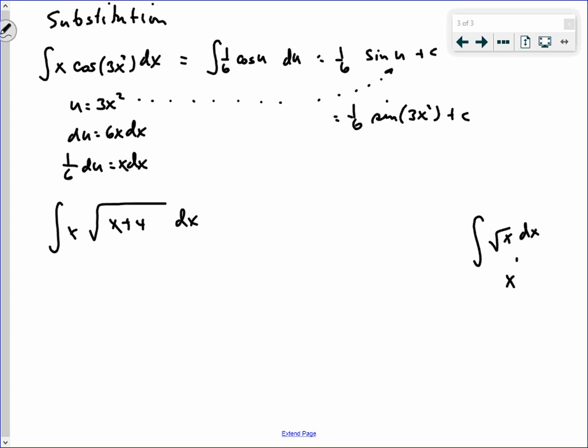I can do the integral of just a plain old square root, because that's an x to the 1/2, and you just add 1 to the power. But when you've got an x plus 4, that complicates things a little bit. So that suggests what the substitution could be.